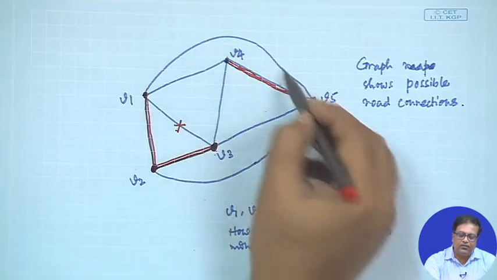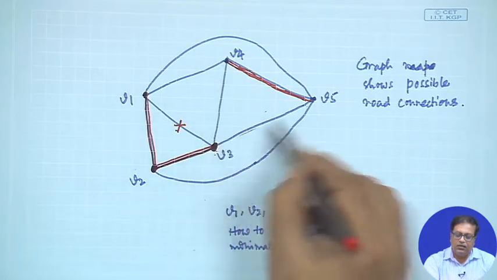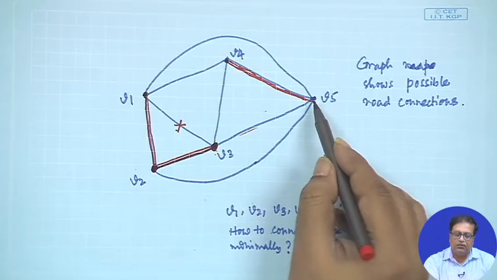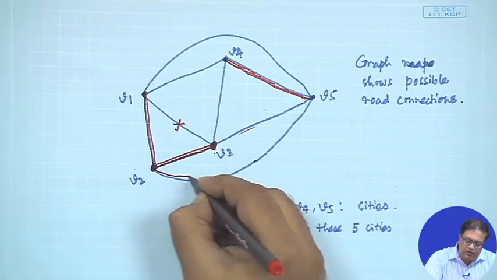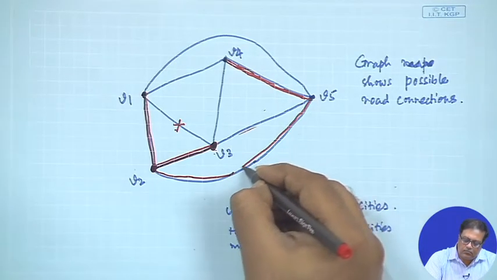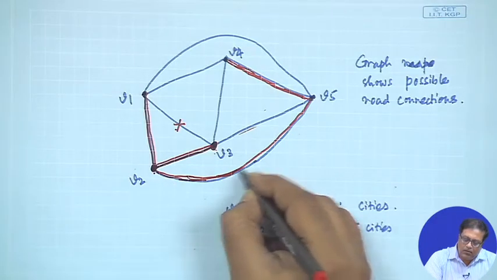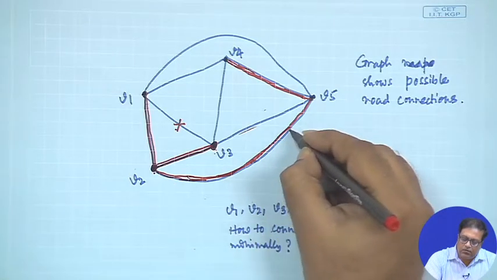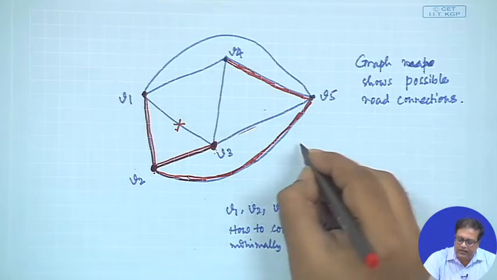We can take this one, this one, this one, this one, and this one also, right. So, supposing we choose this one. Okay. So, this is what we have got, what is known as a spanning tree.